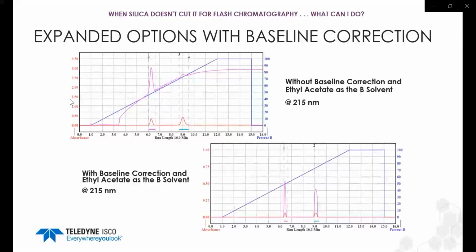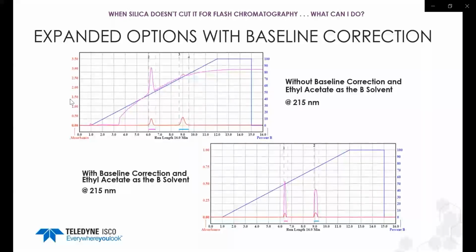When we use this with baseline correction, we're able to eliminate that increasing absorbance contributed from the ethyl acetate without sacrificing the dynamic range that we see for our compound in ethyl acetate. So this is a really good tool and a really good illustration of how you can take advantage of it.